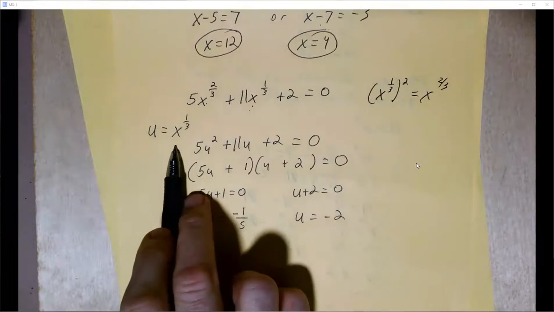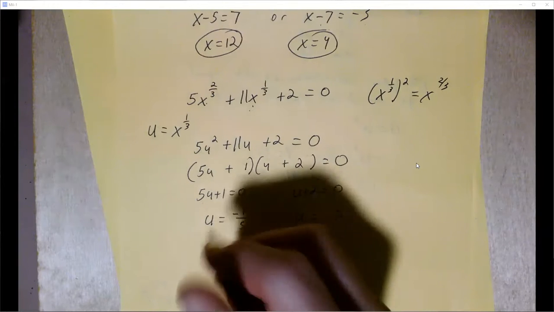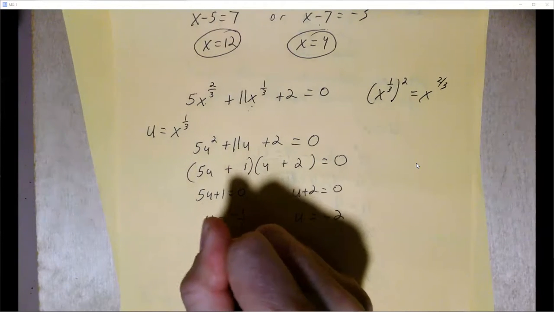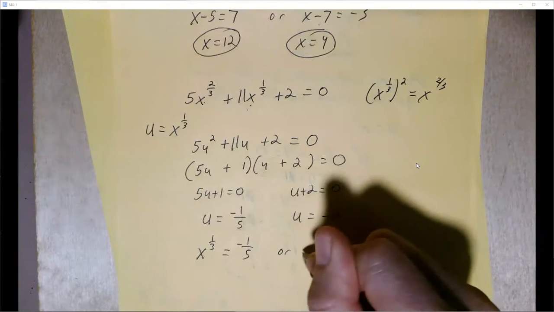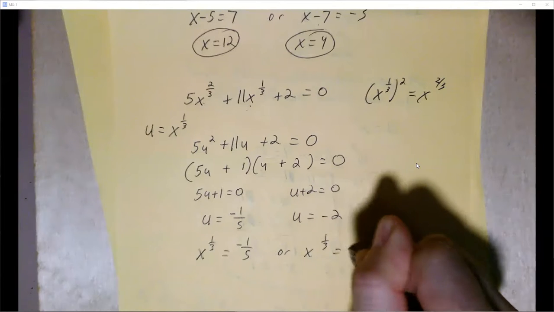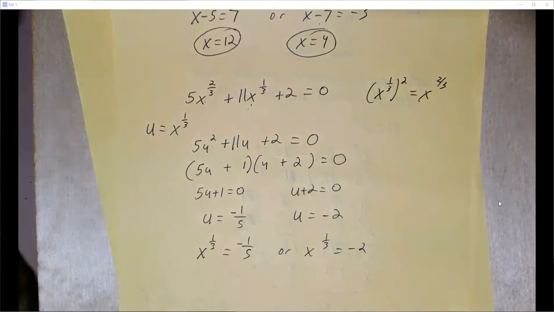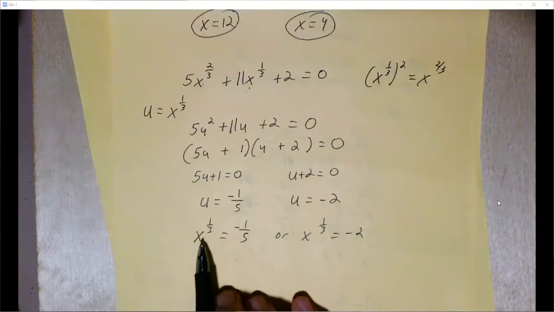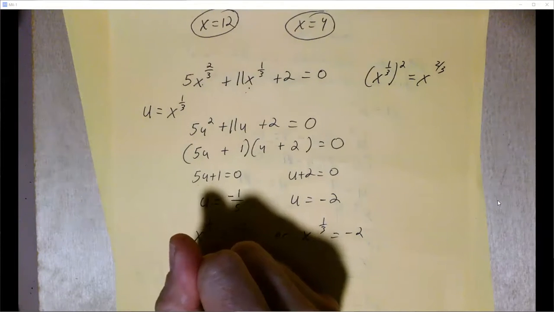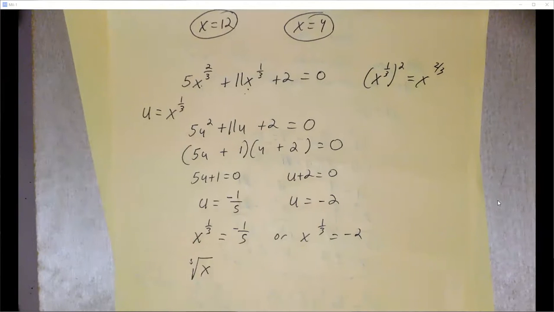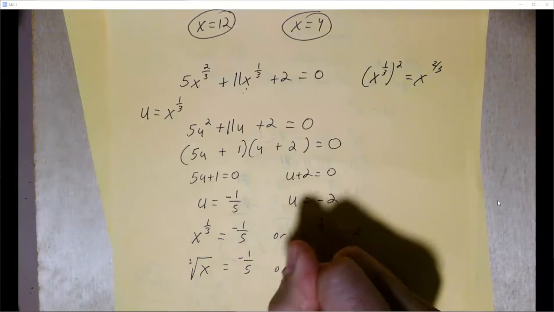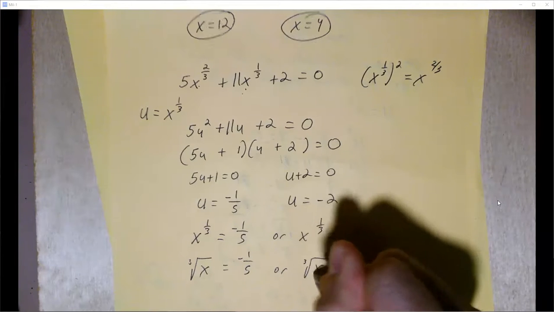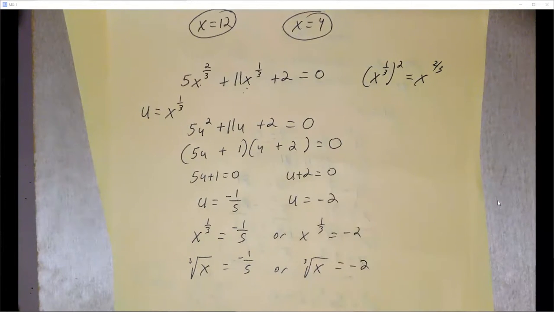Now, I substitute back in and I say x to the 1/3 equals negative 1 over 5, or x to the 1/3 equals negative 2. Remembering rational exponents, x to the 1/3 means the same thing as the cube root of x to the first power equals negative 1 over 5, or the cube root of x to the first power equals negative 2.